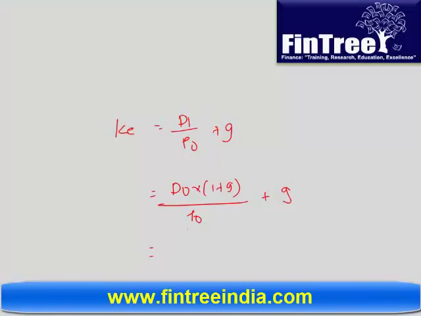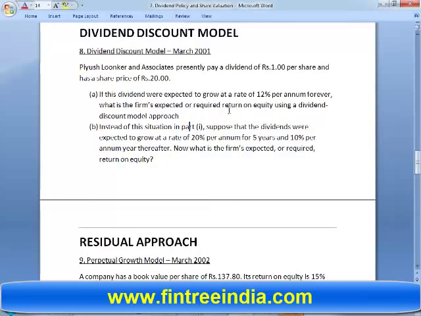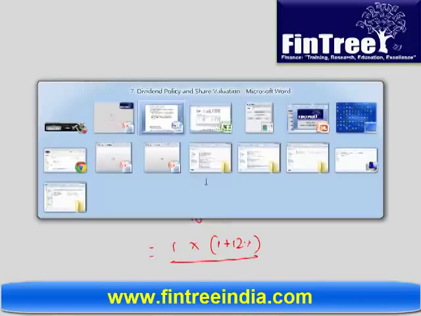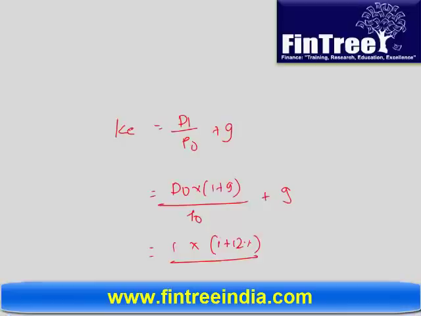The current dividend is given as 1, and the growth rate is given as 12%. So 1 into (1 plus 12%). The price has been given as 20 rupees, plus growth of 12%. So this is equal to 1.12 by 20 plus 12%. 1.12 by 20 is about 5%, so that's 5.6%.